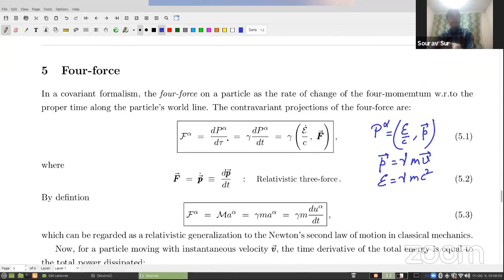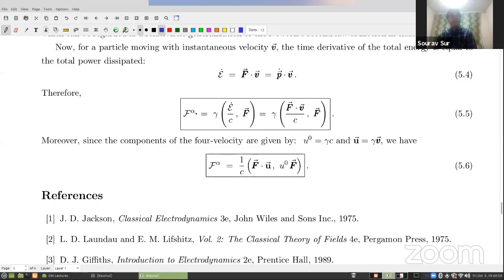So as you can see here, the 4-force is gamma E dot by C and gamma F, and E dot is F dot V. So gamma F dot V over C and gamma F. Now, this you can write as F dot gamma V by C and gamma F. You can write this as 1 over C, F dot gamma V and gamma C times F.